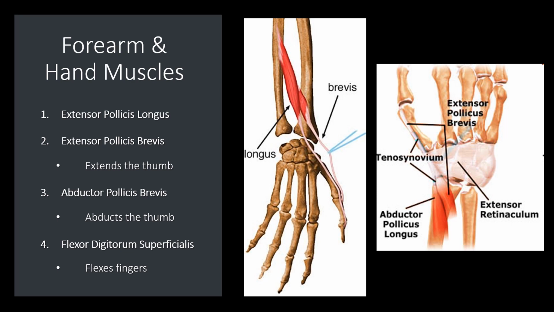So the extensor pollicis longus and the extensor pollicis brevis are going to extend the thumb. As we said before, if they're an extensor, they'll have extensor in front of the word. Pollicis is the thumb. Longus is that it's a long muscle. Brevis is that it's a short muscle. And the extensor pollicis brevis extends the thumb.